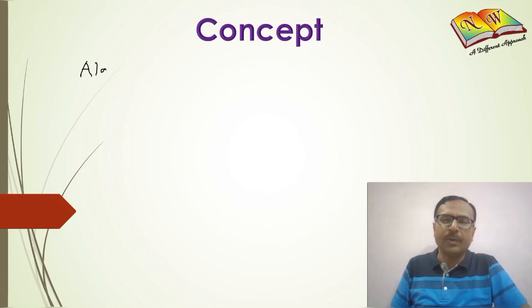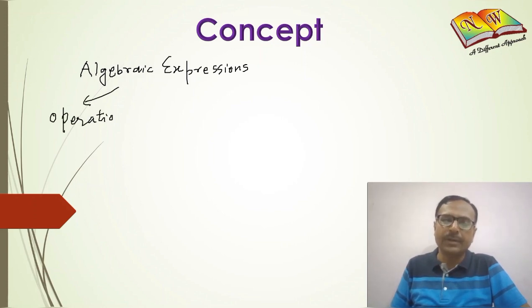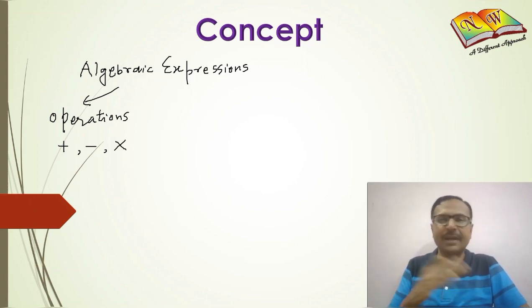Whenever you talk about an algebraic expression, the expression contains some operations and some constants and variables. The operations included in the expression are the plus sign, the minus sign, and the product, which is normally written between a constant and a variable or a variable and a variable.